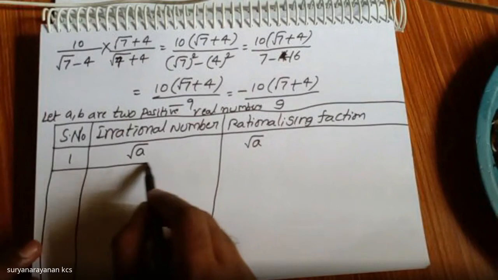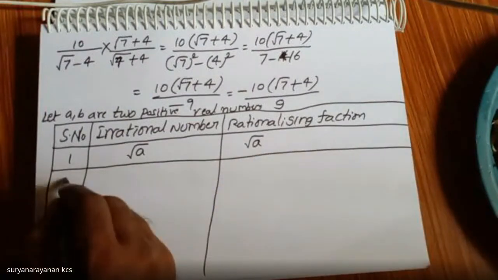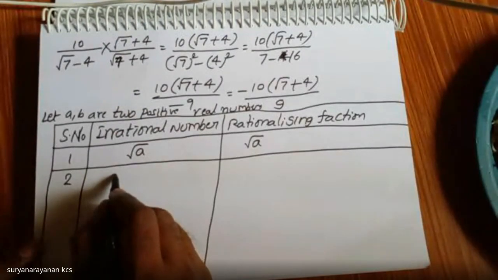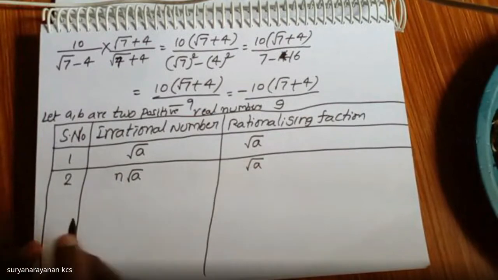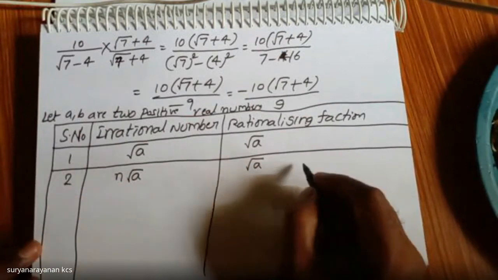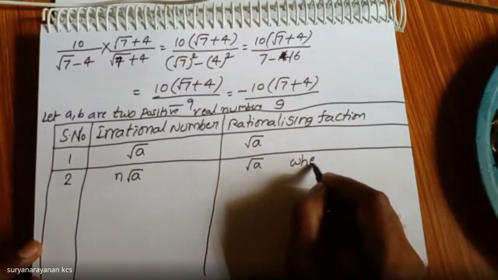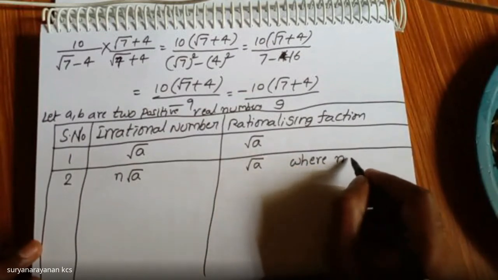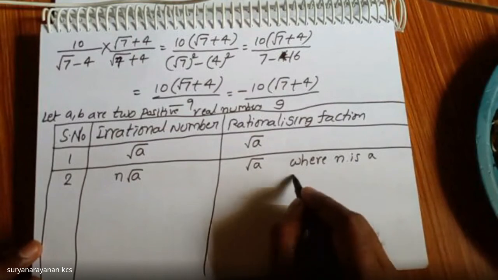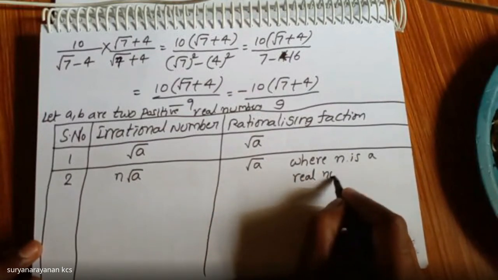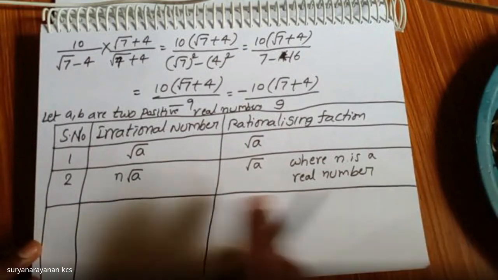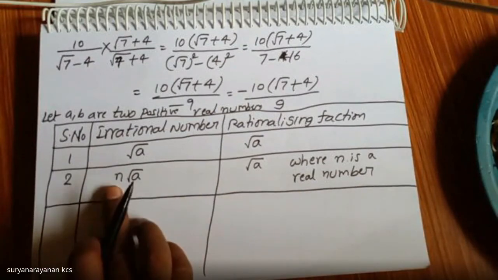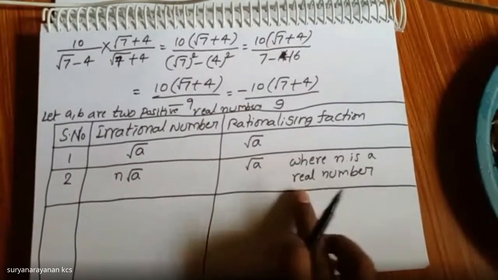Now, screen okay, my dear children? Screen. Okay, sir. Yes. N root A. In the denominator, n root A, where n is a real number.